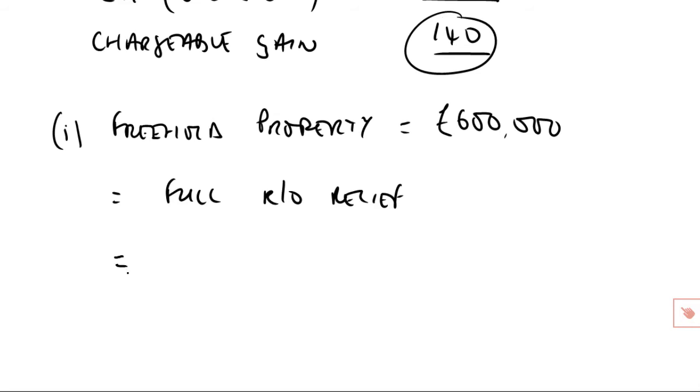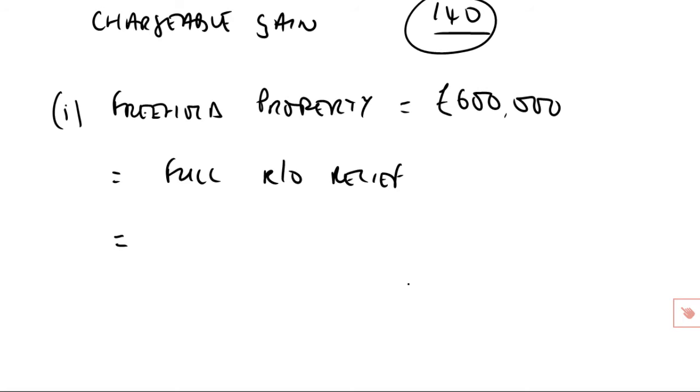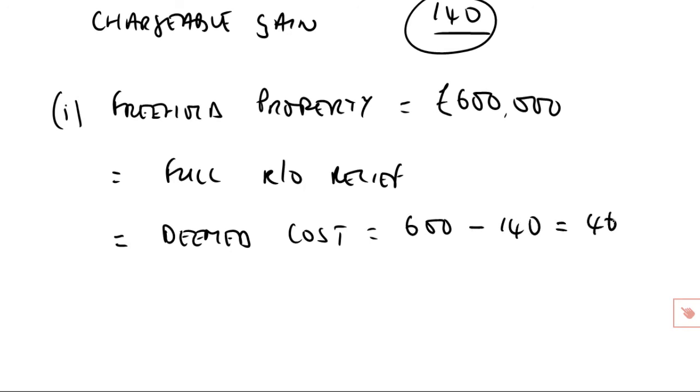How does that work? We roll over, we deduct from our new acquisition cost. So it will equal, therefore, a deemed cost on our new property purchased of the actual cost, 600, minus the deferred gain of 140, equals 460,000.